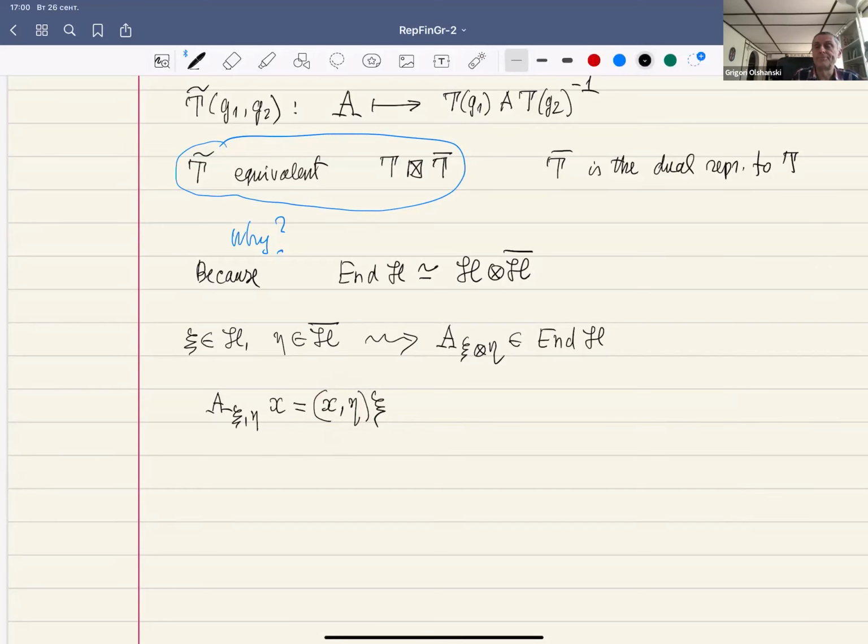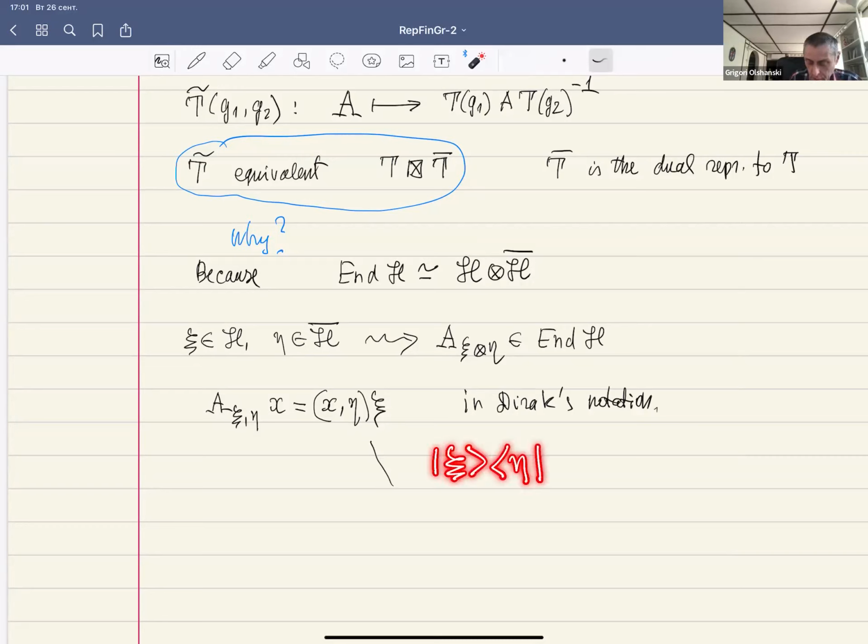If you know Dirac's notation from quantum mechanics, this can be written as follows, but I don't want to insist on this. This is the bra and ket vectors.